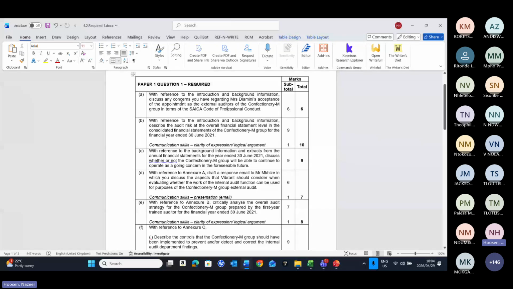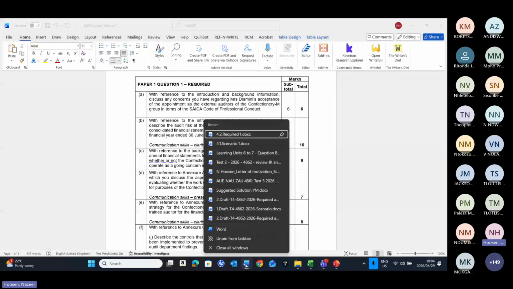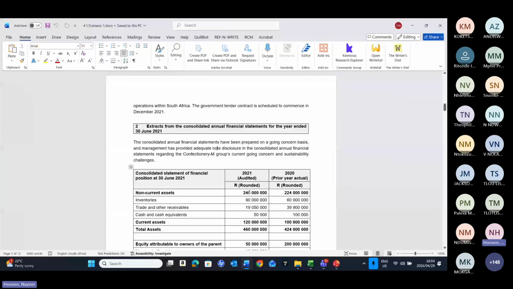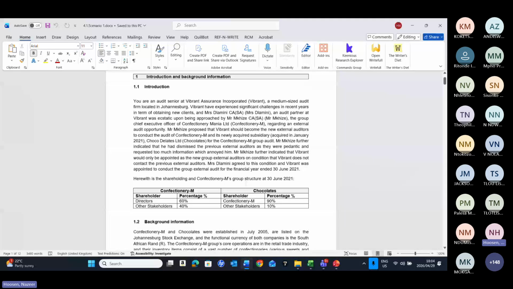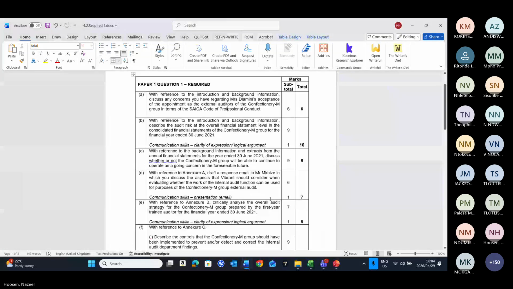Thereafter, we will be going into the scenario itself, of which we will then be reading the scenario, dissecting the information, and evaluating certain aspects that do come to light as a result thereof. Okay.